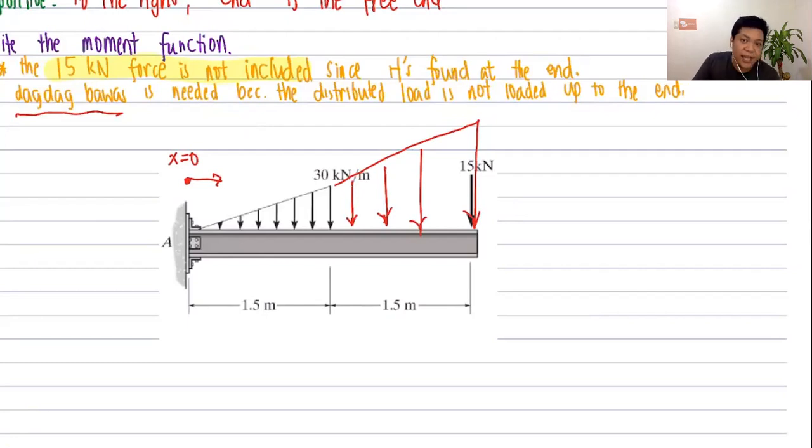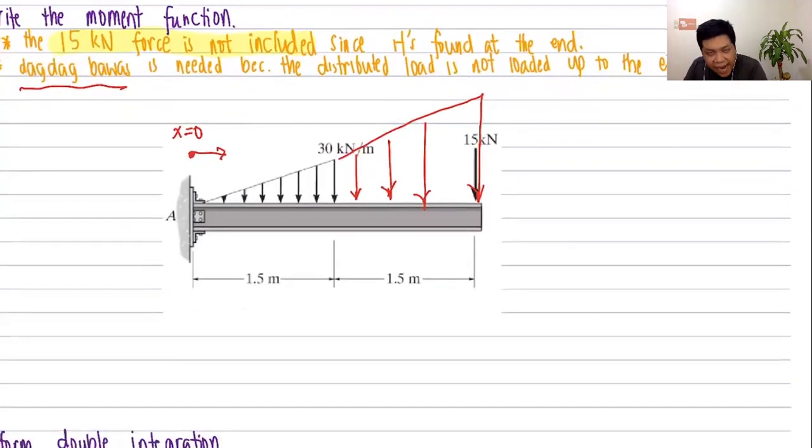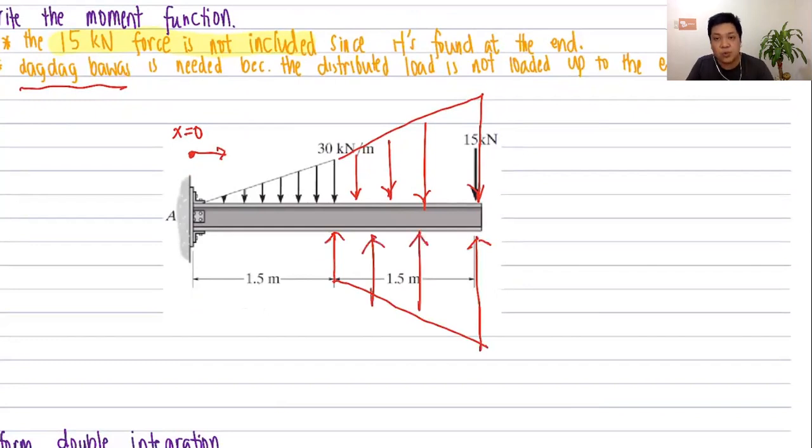I have a triangle that is loaded up to the end. However, whatever I added, I also need to remove. So kung anong idinagdag, siya ring ibabawas, having the same magnitude but opposite direction. So I actually added a trapezoidal load, such as this one.